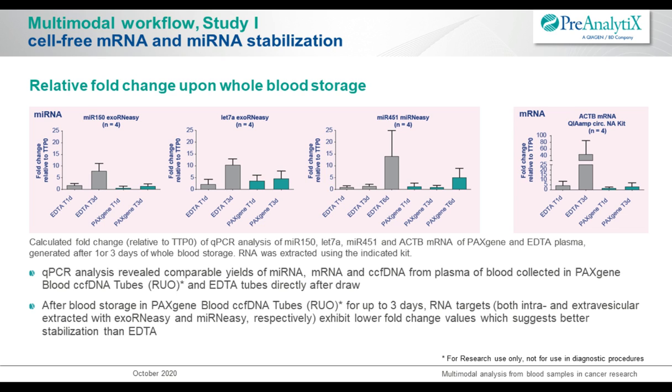The left one is one that is mainly found in exosomes, and the right one is the one that is mainly found outside the exosomes in the plasma, and the let-7 in the middle is the one that is found as well in the plasma as in the exosomes.